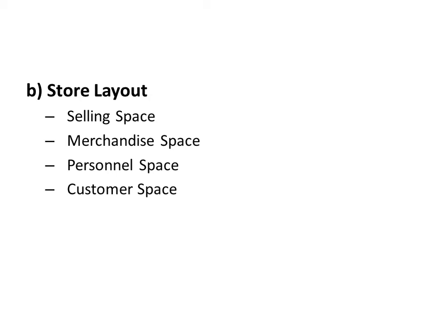Maybe you may use different rack systems, or different sections. Maybe you have space for the rack, where you arrange the products in an ordered, well-planned way. Okay, so this mainly speaks about the store layout.